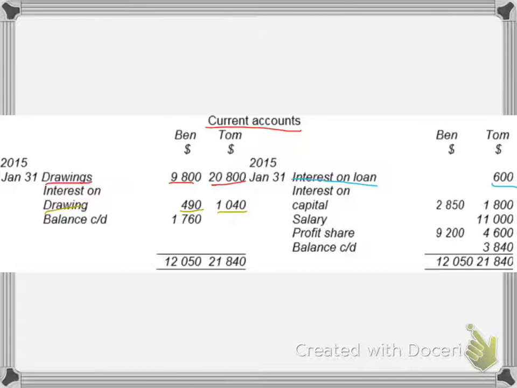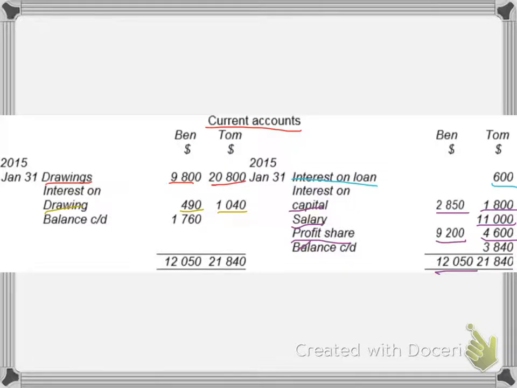Then we also need to record the interest on capital. We had also found the amount for that. So we'll do 2,850 and 1,800. Then the salary was 11,000 and only Tom got it. Then we record the profit share, 9,200 and 4,600. Then we calculate the balances.